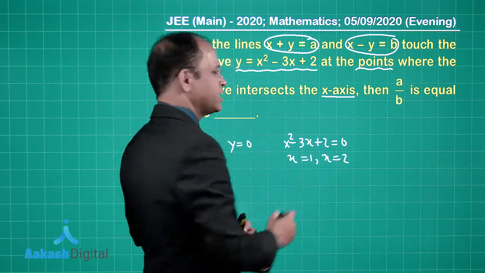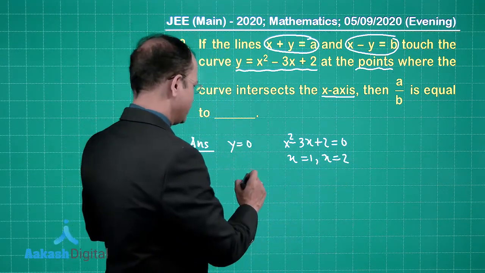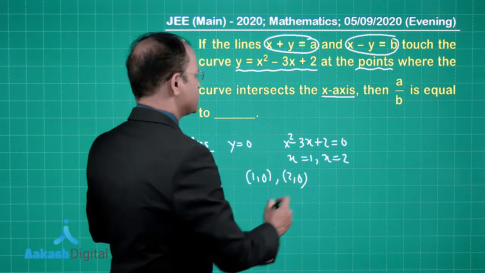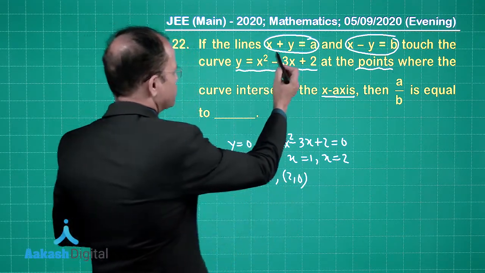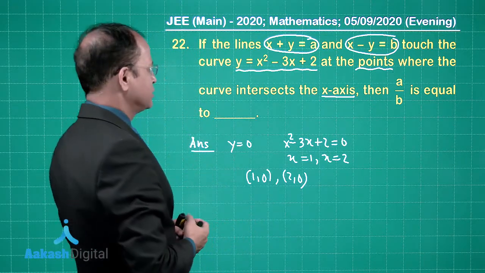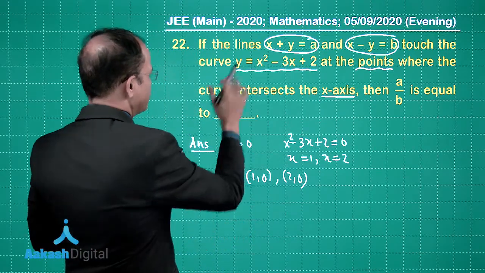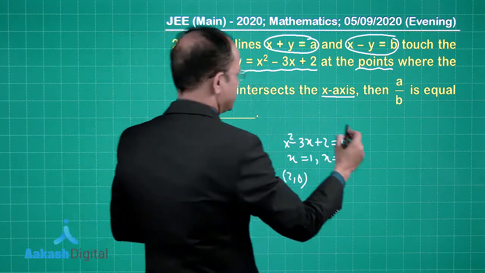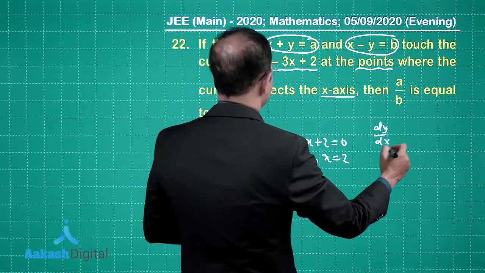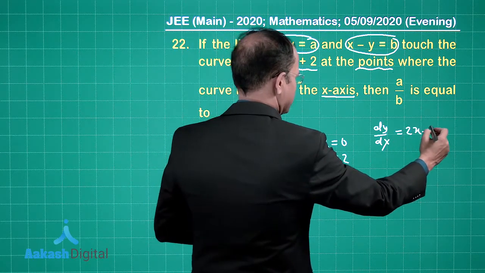So the points on the x-axis are 1, 0 and 2, 0. Now x plus y is equal to A and x minus y is equal to B are acting as tangents. To find the equation of the tangent, we find dy by dx, which is coming out to be 2x minus 3.